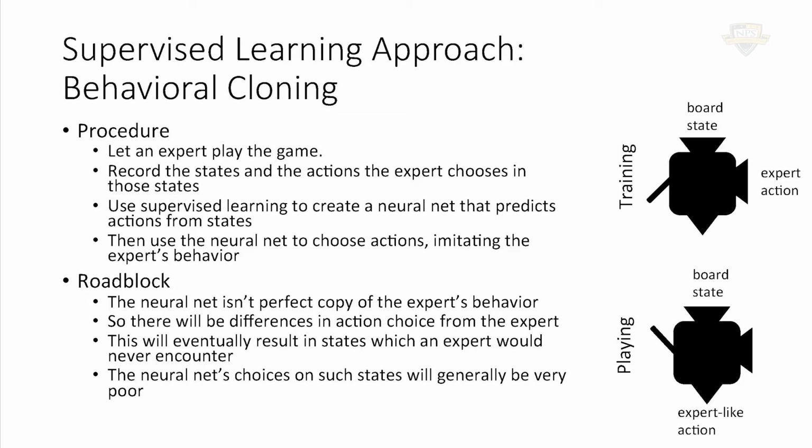They're terrible board states that an expert would never let himself get into, but the behavior cloned learner will get into. It won't know what to do in those states, and that will cause the system to fail eventually. That's the accepted critique of behavioral cloning and why we don't see many systems of this nature out there, though we do use the idea partially.